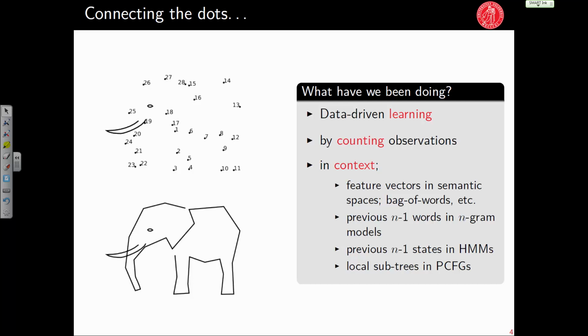And there we had a context that's very similar, actually identical to the way we define it in language models, basically the n-1 states. And most recently in PCFGs, probabilistic context-free grammars, the context was defined as the local subtree. So a local subtree of depth 1. We're given a node, and its context will be its immediate children, and that's it. We don't go further down into the tree. So these are different ways of defining context.